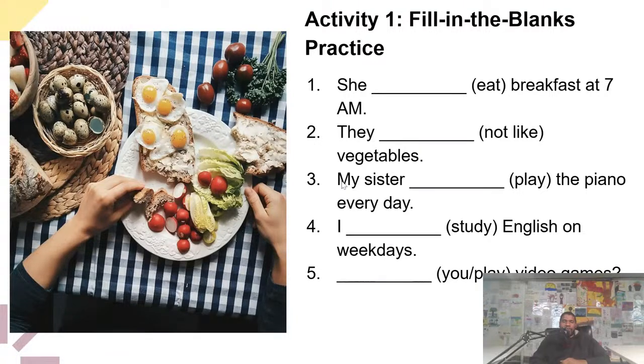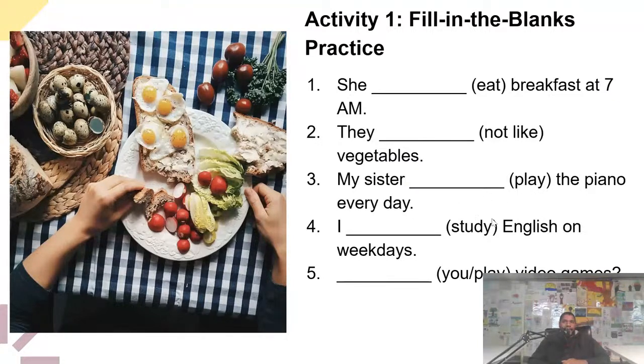Is my sister represented by I? Is it represented by you, by we, they, he, she, it? Which one would my sister represent? Once you can figure that out, it'll be easier for you to figure out what you have to do to this basic form of the verb, play.